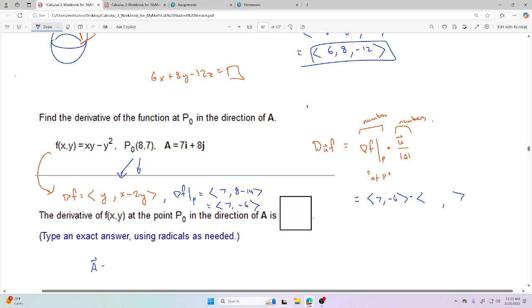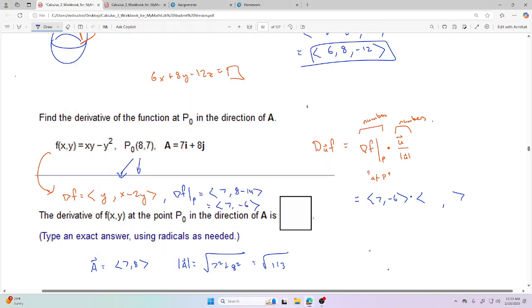My a vector is 7, 8. Magnitude of a, which I don't even want to call a. I just want to call it u because that's what we normally use. Magnitude: square root of the squares. 49 plus 64. What is it?